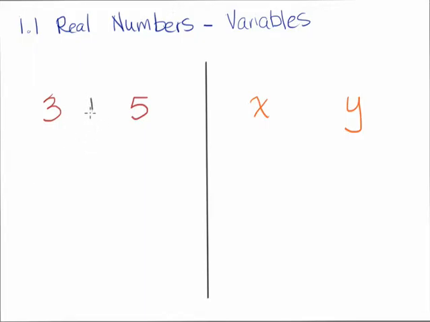Since we can add two numbers together, we can add two variables together. We can subtract two numbers, so we can subtract two variables. Variables are just numbers. It's just that we don't know what numbers they are. We can multiply two numbers, so we can multiply two variables.